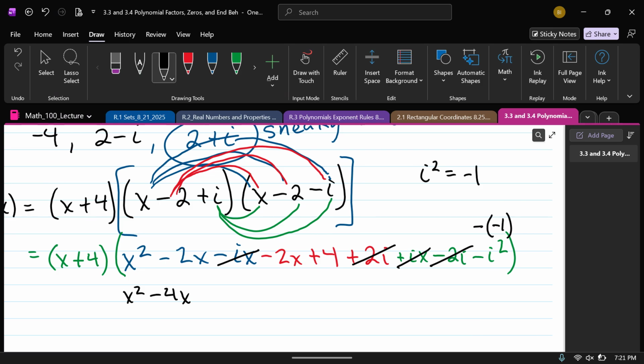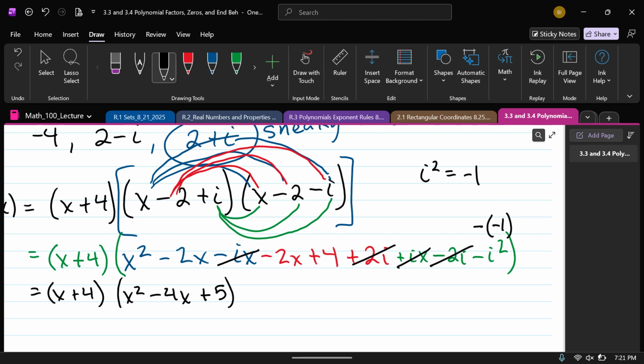What is a double negative? Positive 1. So what is 4 plus 1? It's 5. So that's what that simplifies to. And notice it doesn't have any i stuff in it anymore, because none of our polynomials had i stuff in them when we started earlier. So they don't have i stuff in them now.